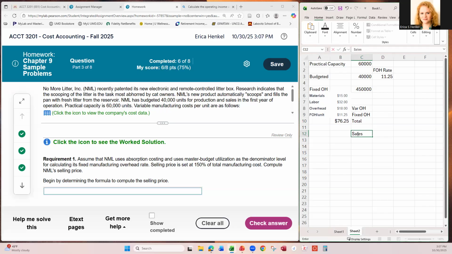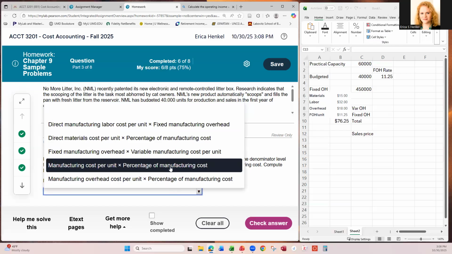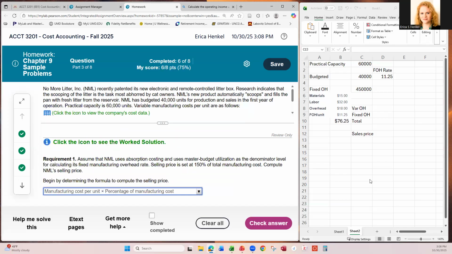Now our sales price, so if we're doing cost plus pricing and they're doing 150%, then we are going to take our manufacturing cost per unit and we're going to multiply it times the percentage of manufacturing cost. Okay, so not just the overhead cost, but the total manufacturing cost per unit.